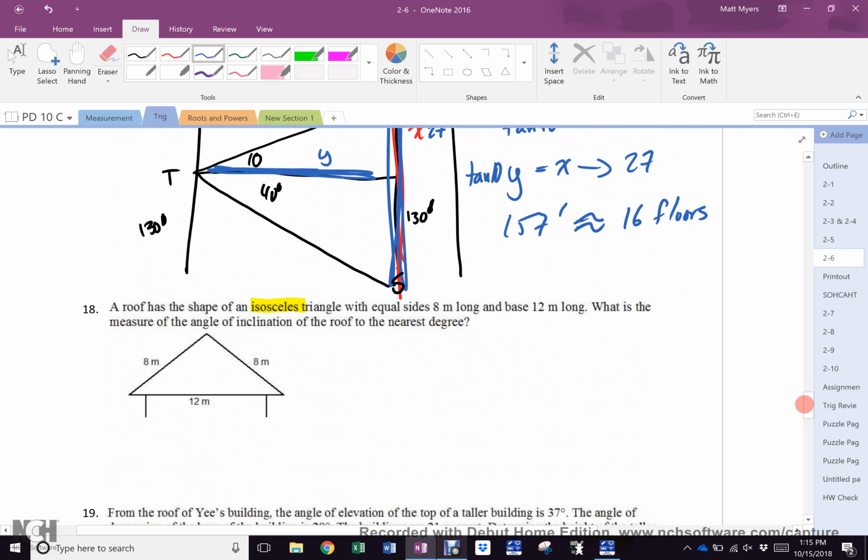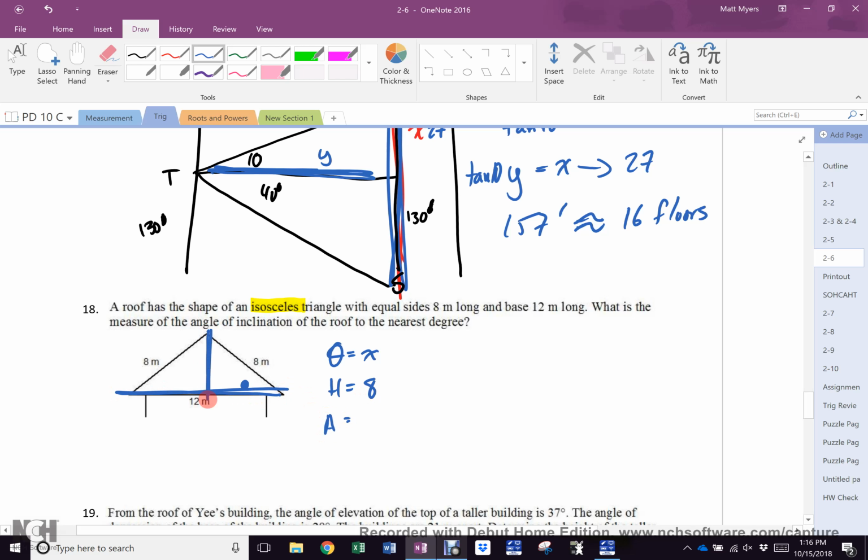I want the angle of inclination of the roof, which is where? Right there. There's your theta. Theta is, I don't know, but I have a hypotenuse of 8, and I have this. What is my adjacent? Of course you have to cut it in half, because there is no right angle triangle yet.